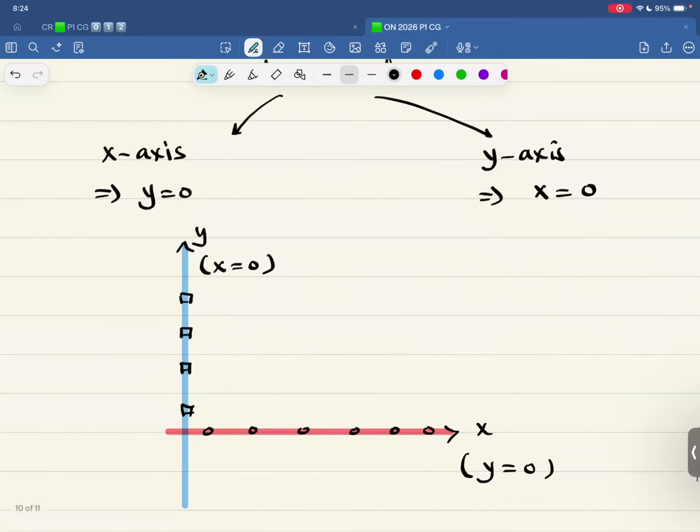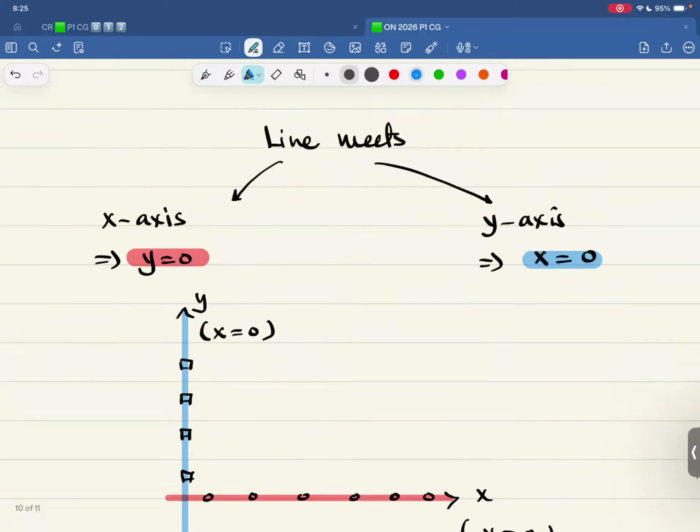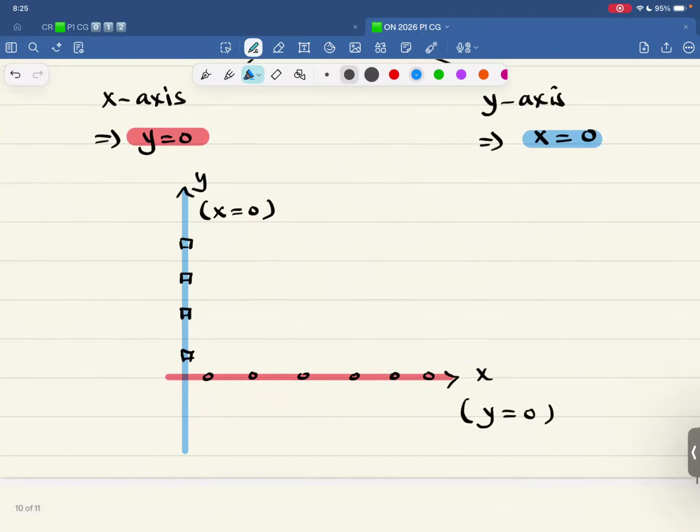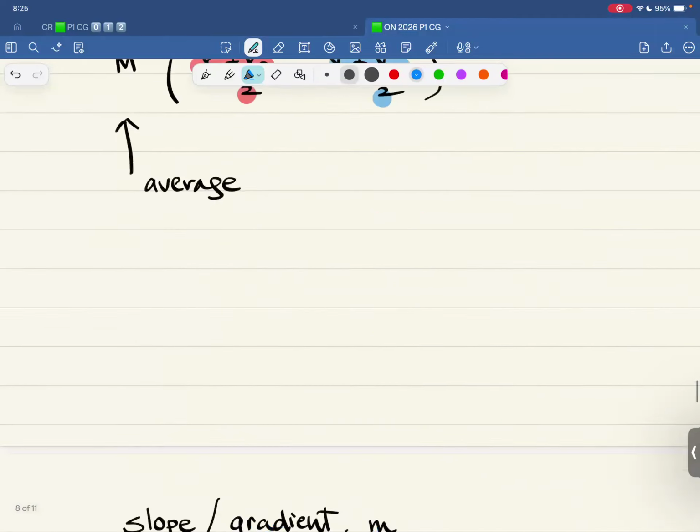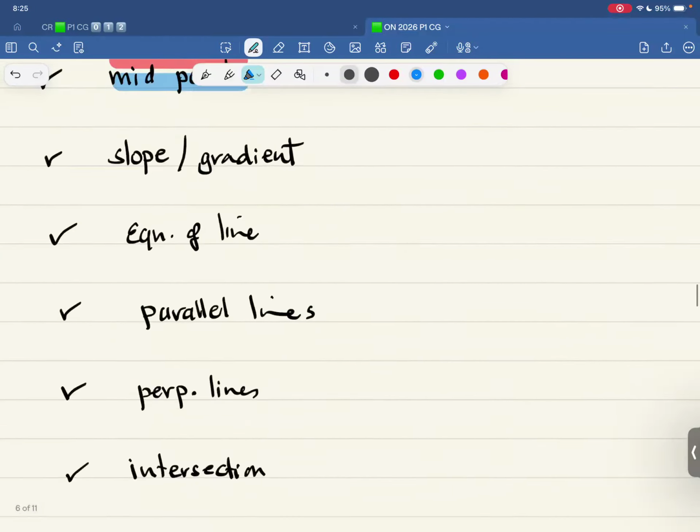So therefore, when a line meets the x-axis, the y coordinate is 0. When a line meets the y-axis, the x coordinate is 0. Got the idea? So now, what else is there? I'm just going through the basic concepts first, then we will go to the questions.